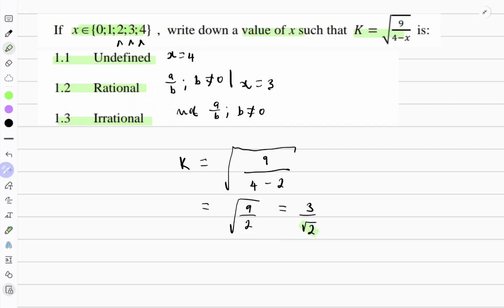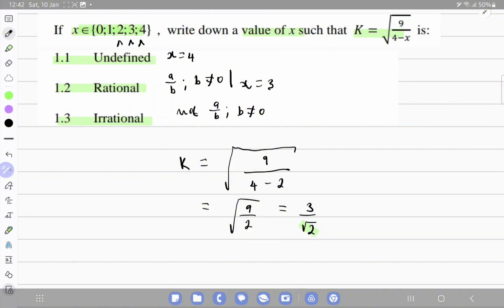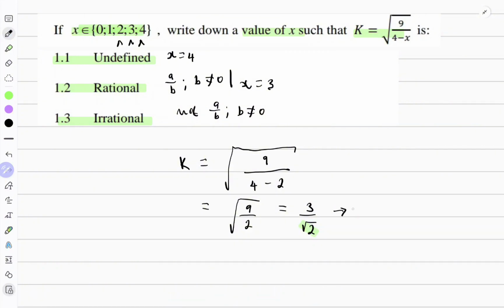So therefore the whole expression becomes irrational. So when x is equal to 2, k becomes irrational.